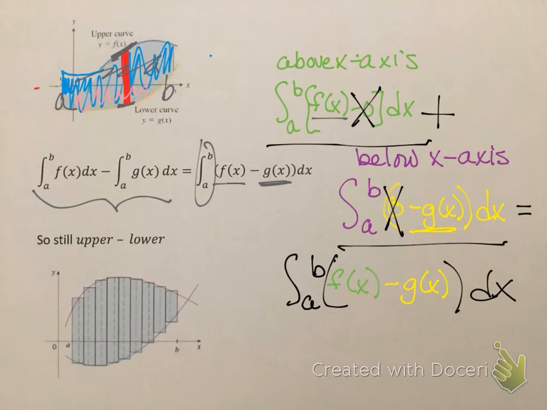I can still draw in one representative rectangle and write upper minus lower.